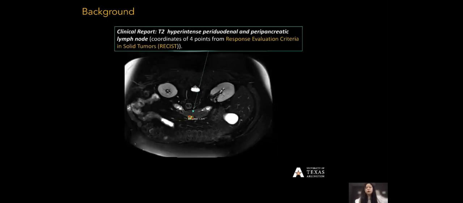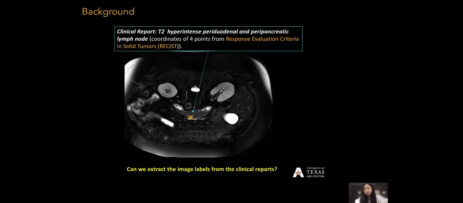But since we have these 4 coordinates, which measure the dimensions of the lesion, like the longest dimension and shortest dimension, we can generate some masks automatically based on these 4 points, and generate some labels for the image.